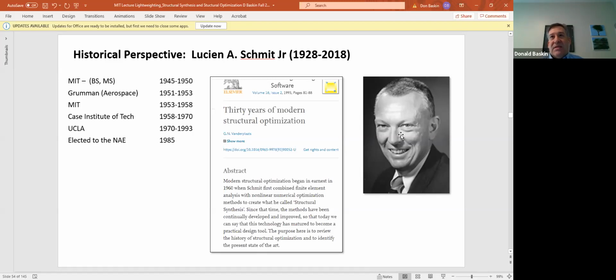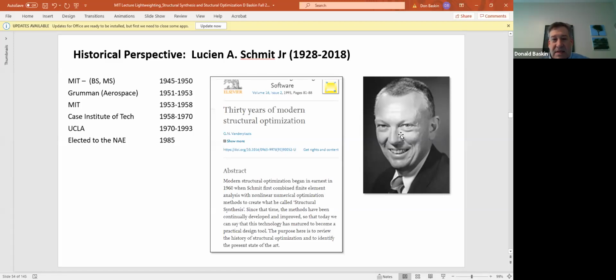We'll talk about them in detail, but they're topology optimization and topometry optimization, topography optimization, shape optimization. These are all methods and tools that came out of the work that he did that are now very popular and used on airplanes, cars, motorcycles, bicycles, all kinds of places where lightweight and stiff is important.